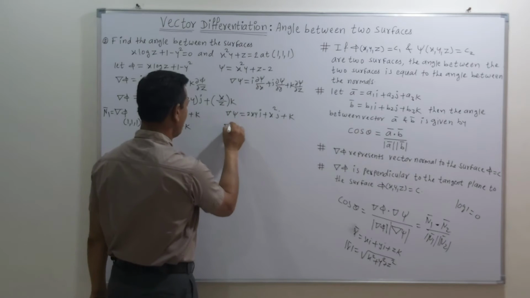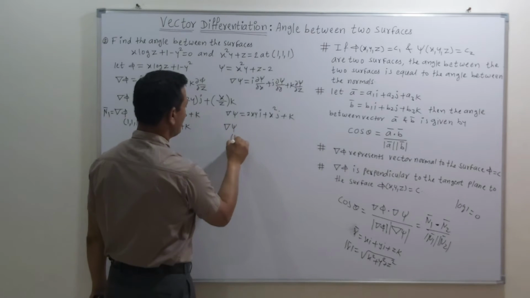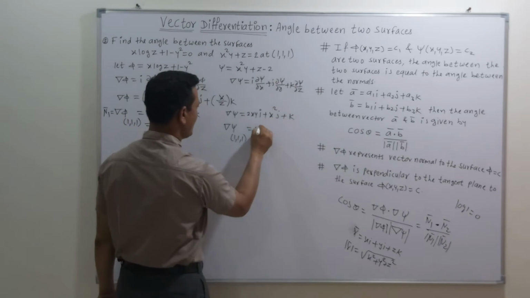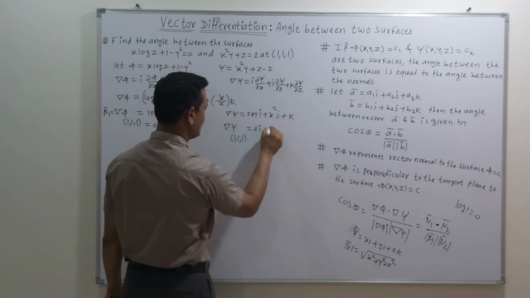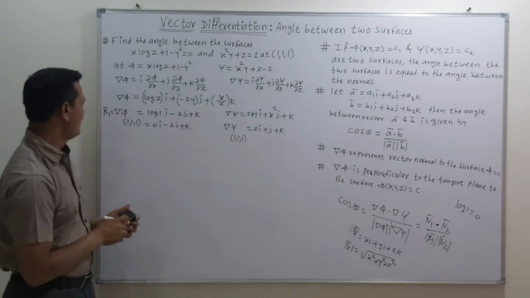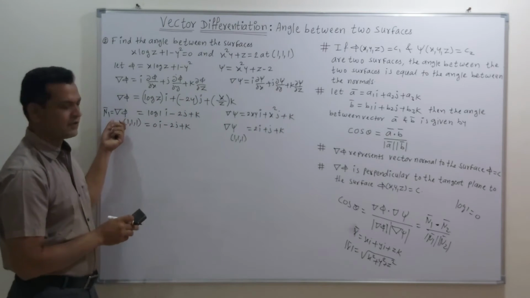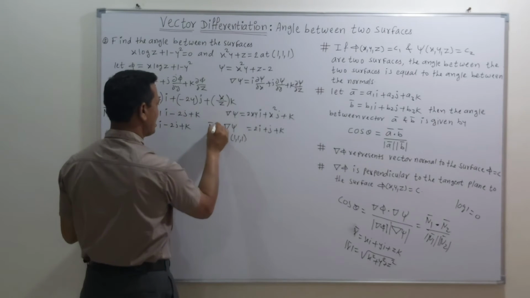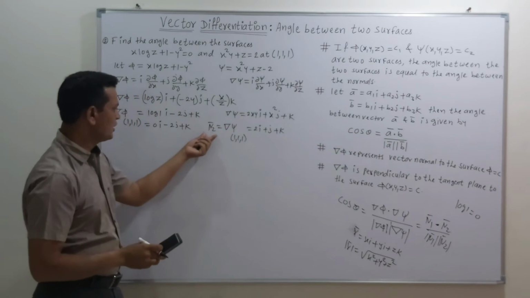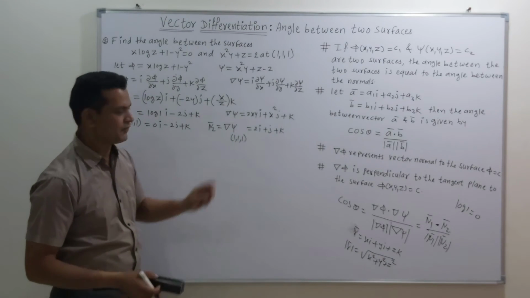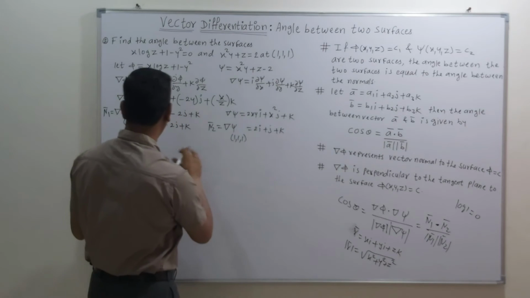Now let's find the value of del psi at the point (1, 1, 1). We get 2i plus j plus k. So this is the first normal to the surface, and this is the second normal to the surface. Let's denote it by n2, which denotes the normal to the second surface. Now we have the values of n1 and n2.